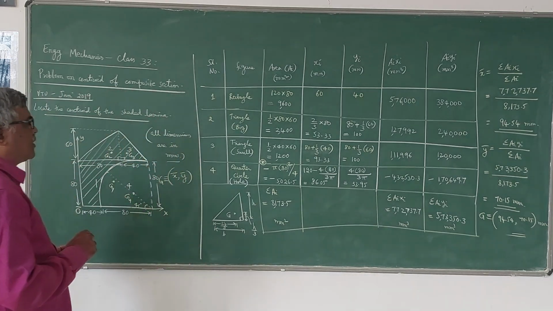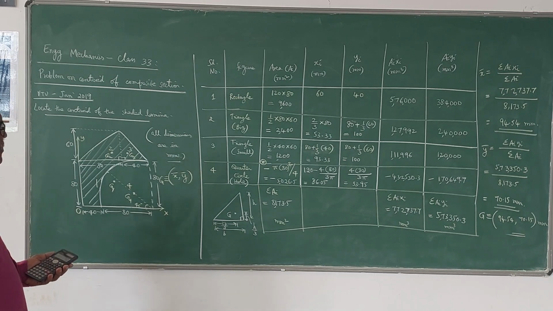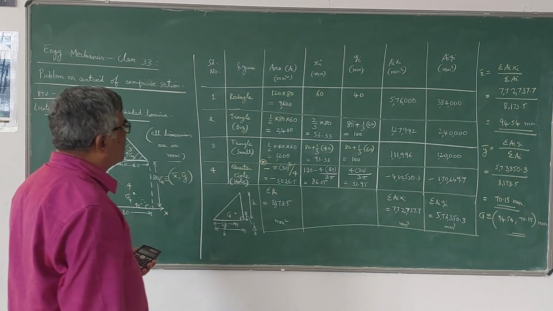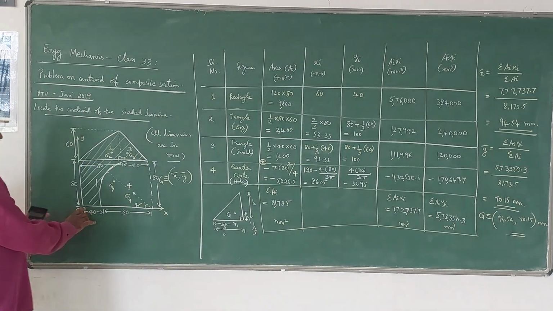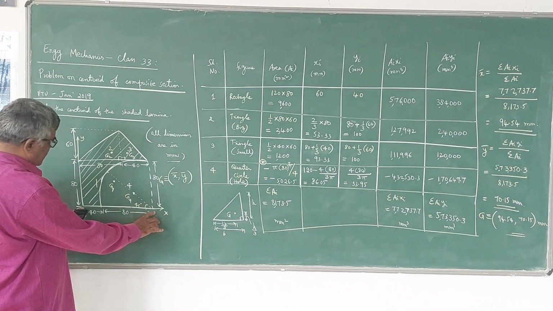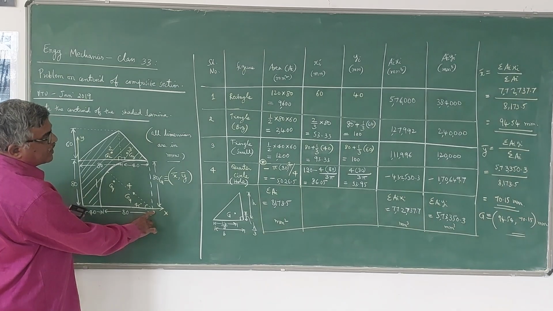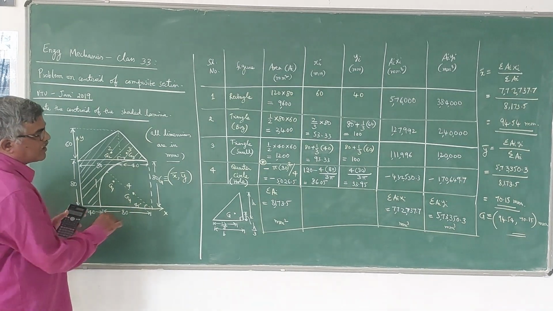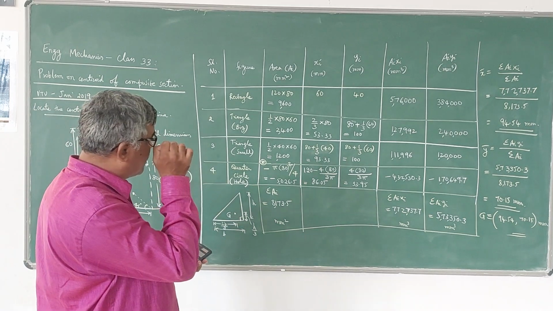Then pi r square by 4. So pi into 80 square divided by 4, 5026.5, which is a negative value, and the distance of this centroid from y-axis is 120 minus 4.35, which comes out to be 33.95.